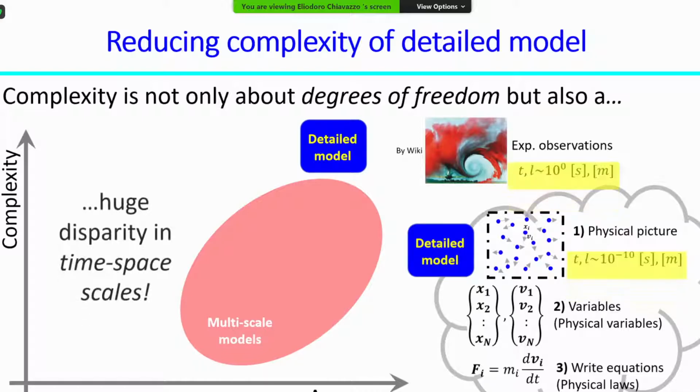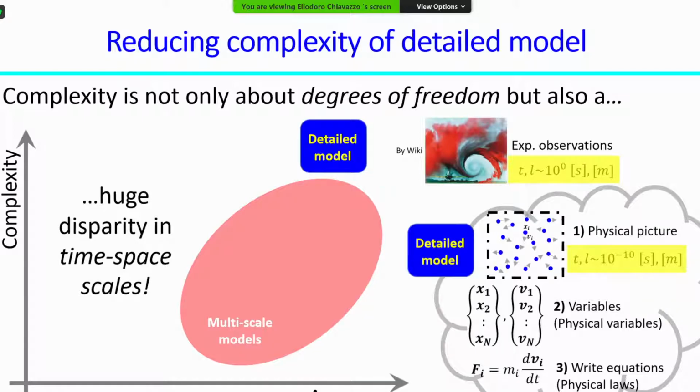But the point is that there is a huge disparity in time and space scales between the observation that you are interested in and the physical phenomena and processes that are taking place in your model. And this brings additional complexity to the model.